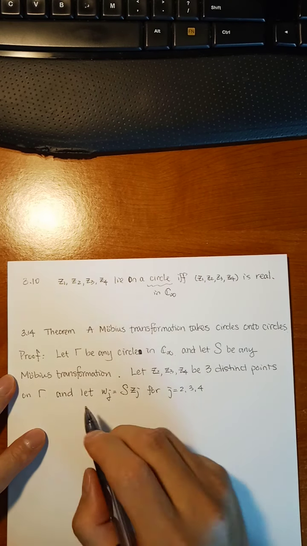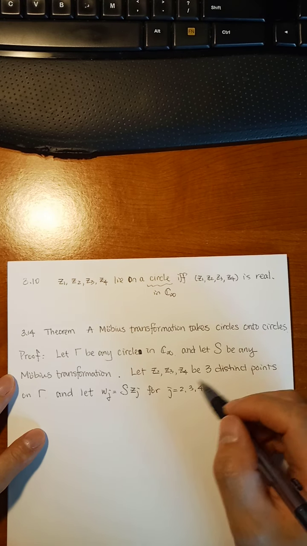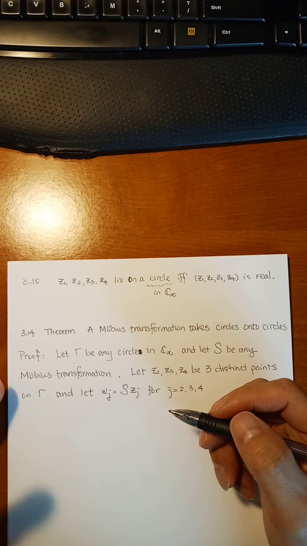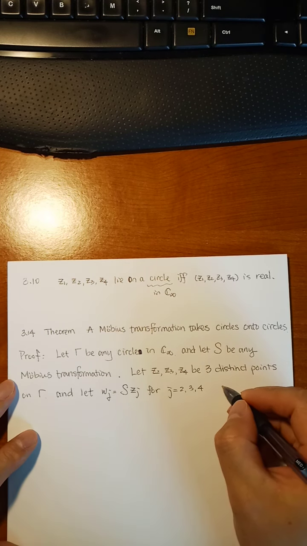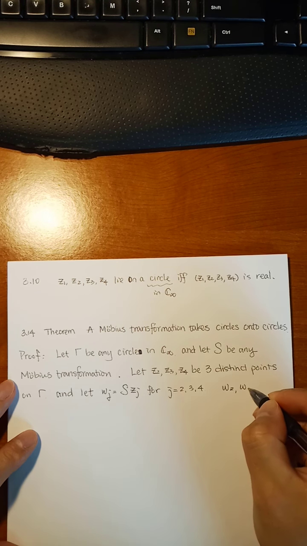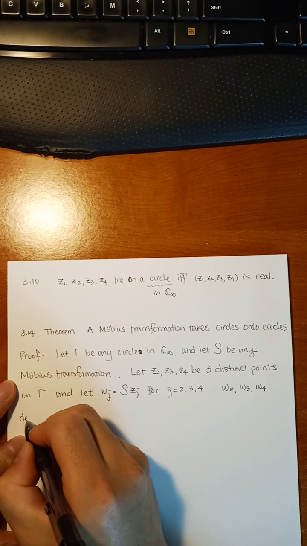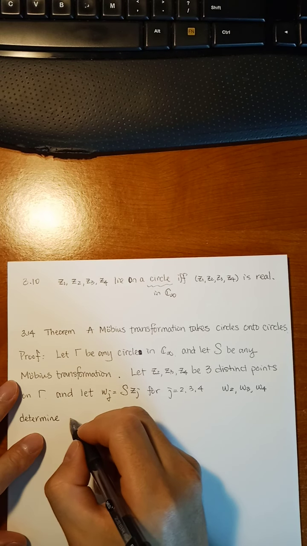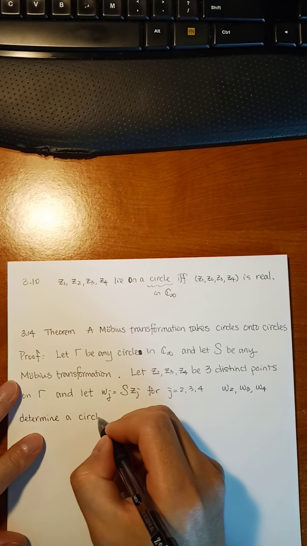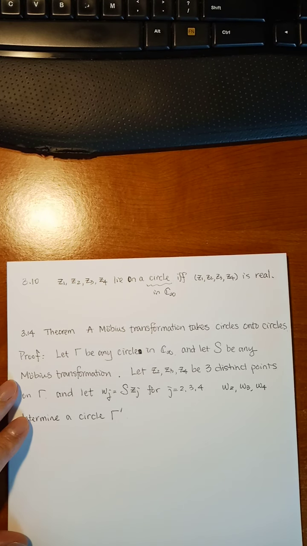Then you have 3 different points, and since S is a Mobius transformation, w2, w3, w4 determine a circle gamma prime.